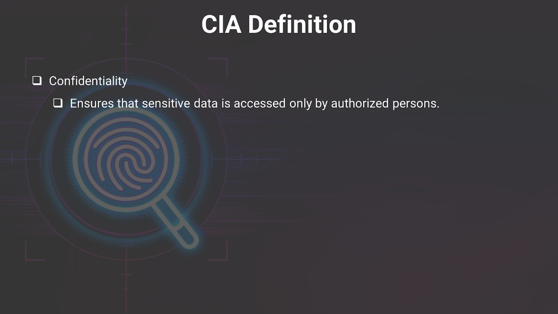So, the CIA definition, starting with C, confidentiality. Confidentiality ensures that sensitive data is accessed only by authorized persons. Try to think of it as a need to know. You want to make sure information is accessible only to people who actually need it.